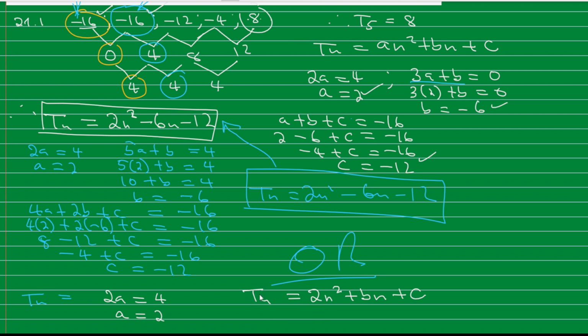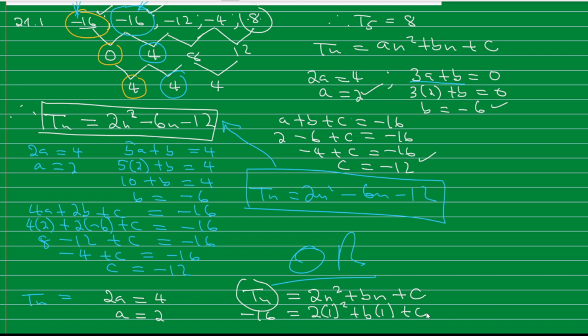Now, I'm going to say Tn is my negative 16, but this negative 16 is a T1. So in other words, my n is going to be 1. What is my Tn? It's negative 16. This is equal to 2. The position of that negative 16 is 1, so I'll put 1 here, squared, plus b times 1 plus c.